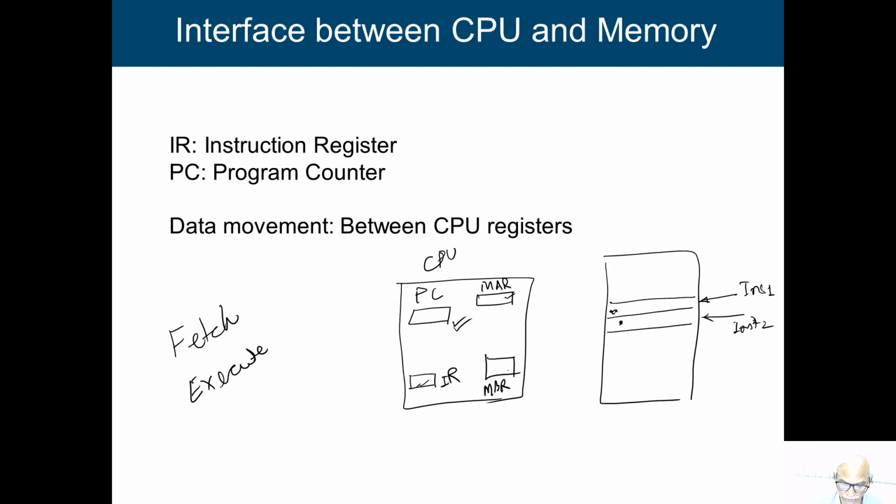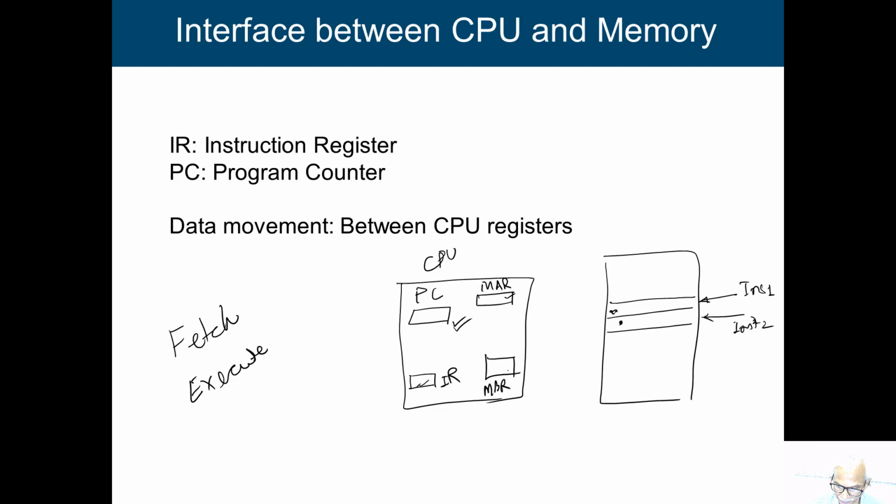So, these are the uses of these two special purpose registers, IR and PC. We have seen 4 special purpose registers, MAR, MBR, IR and PC, and I think by now we know the purpose of these 4 registers.